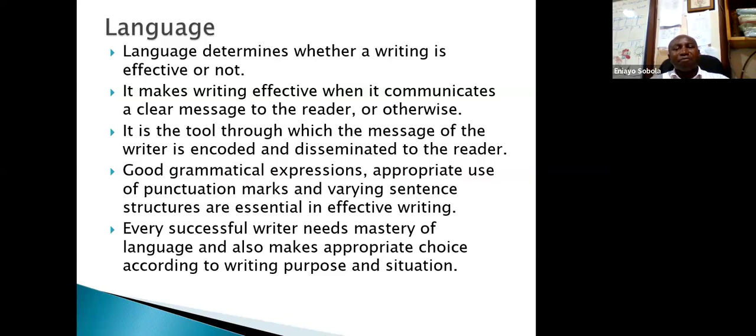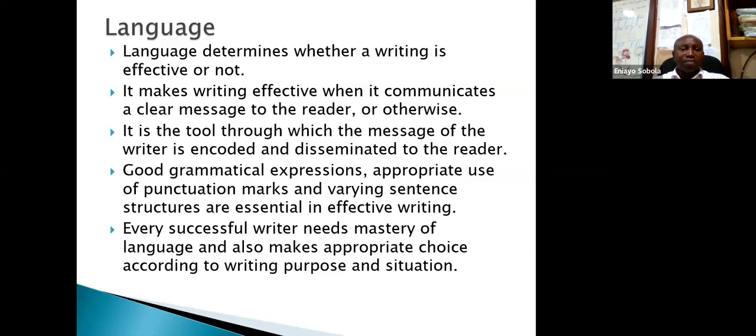It determines the effectiveness of your write-up. So whether a write-up will be good or bad, excellent or poor, it depends on the language used in the text. So language makes us realize whether a writing will be effective or not.